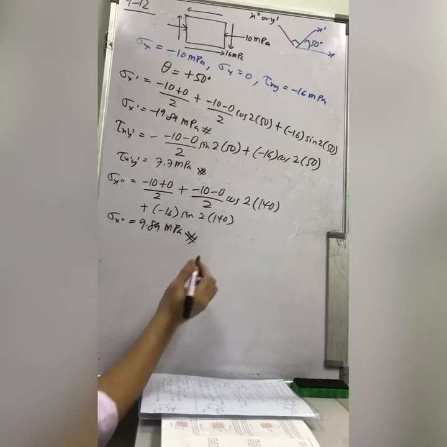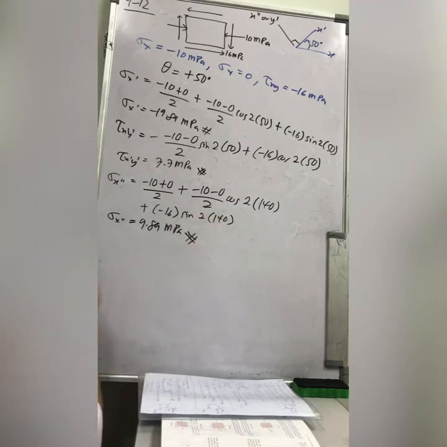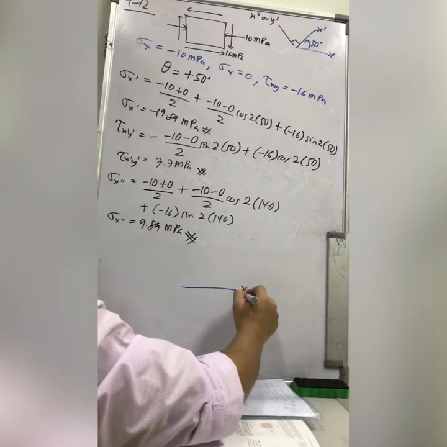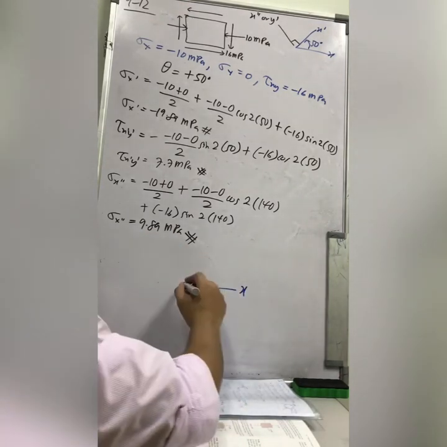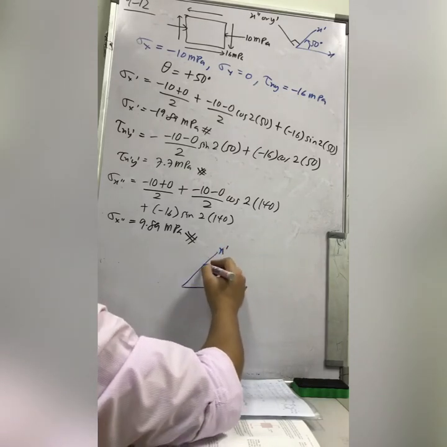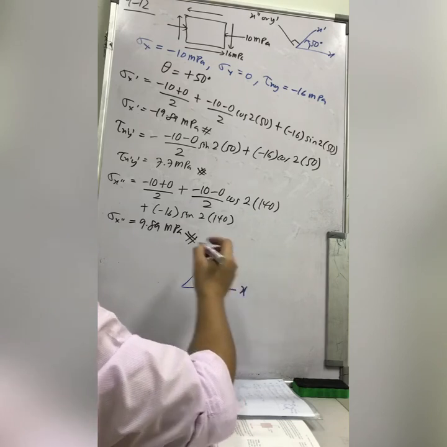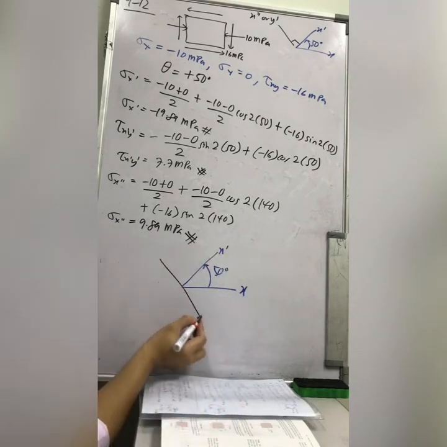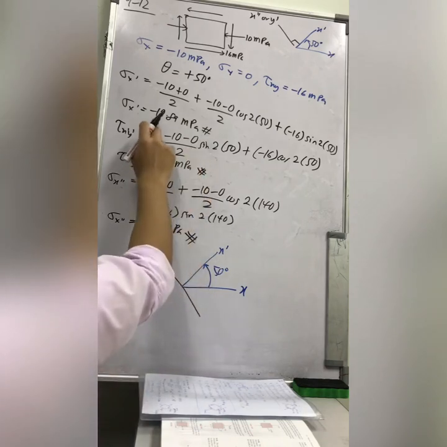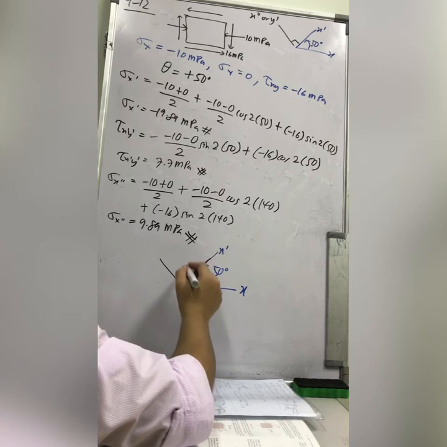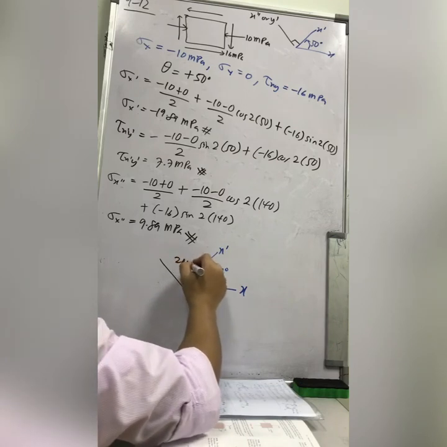So you have this, and you have this. When you plot them, from your original x, it now becomes x prime, which is 50 degrees counterclockwise. So on this surface, you have compression of minus 19, so about 20 megapascal compression.